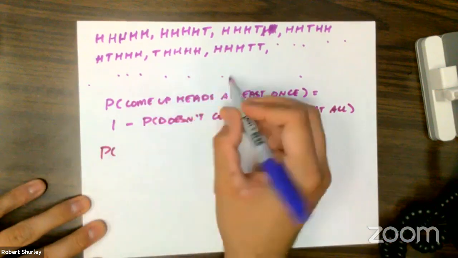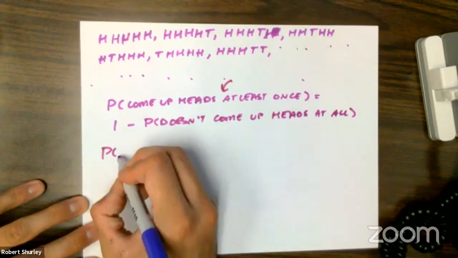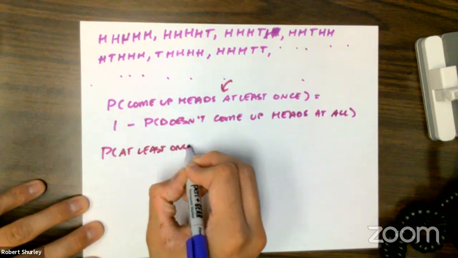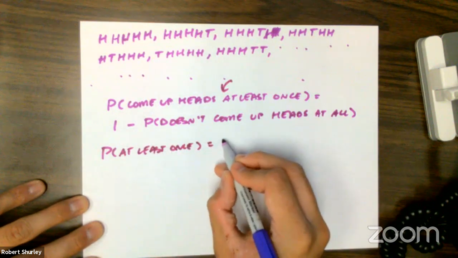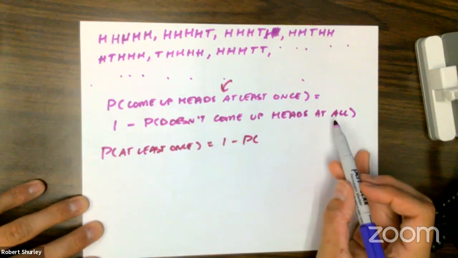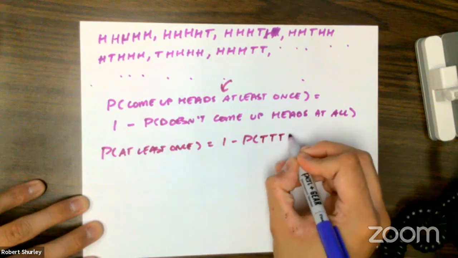So the probability we're looking for, I'm just going to say at least once so I don't have to write it all out, would be 1 minus the probability it doesn't come up heads at all. Well, the probability it doesn't come up heads at all is 5 tails, right?